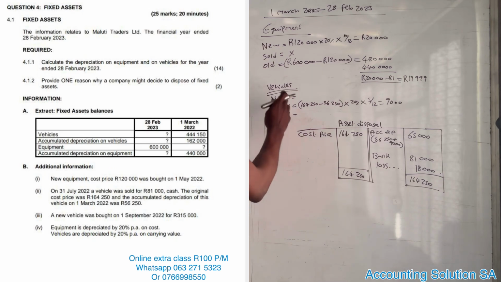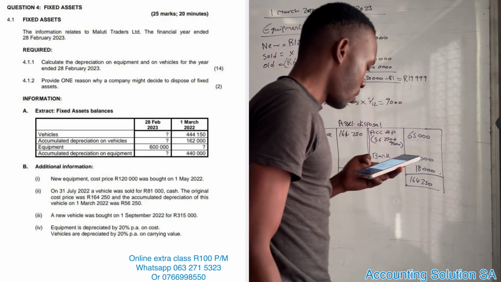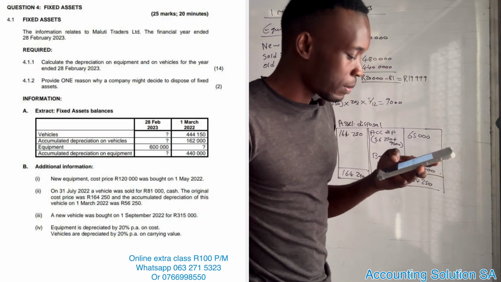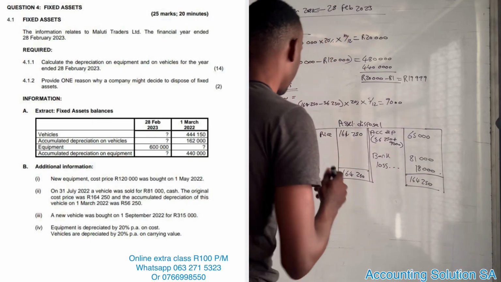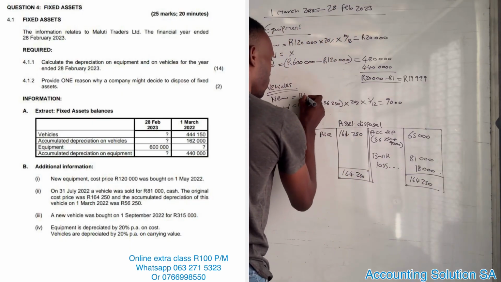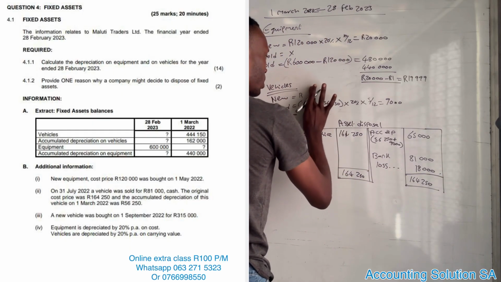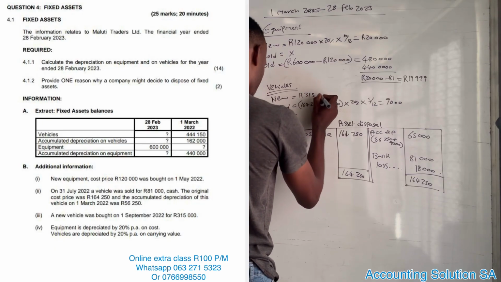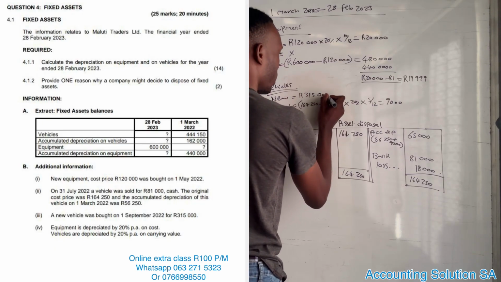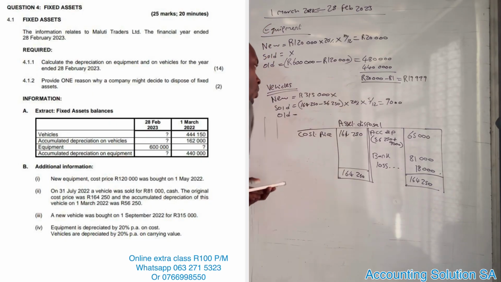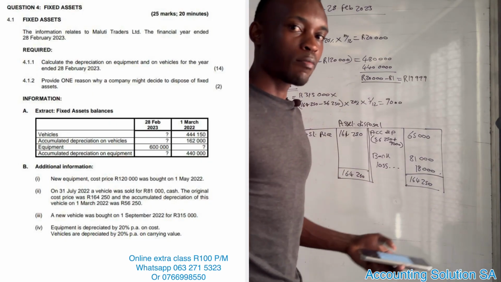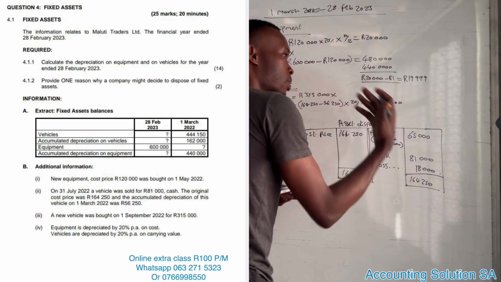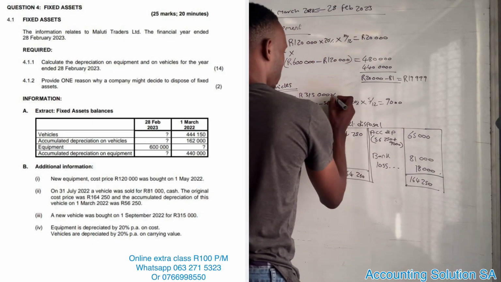Now let's take the new vehicle. A new vehicle was bought on 1 September 2022 for 315,000. This one is very simple. Whether it is diminishing balance or cost price, you don't have to subtract anything because it's new. It does not have depreciation.